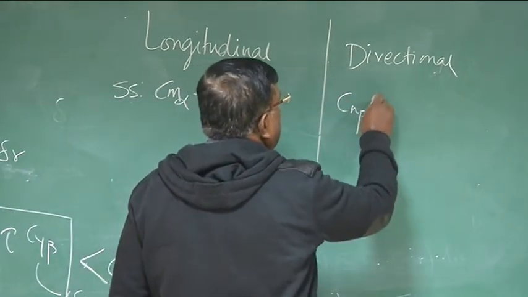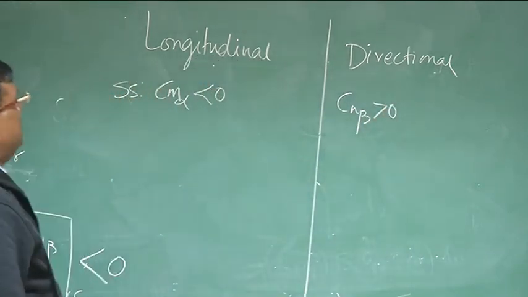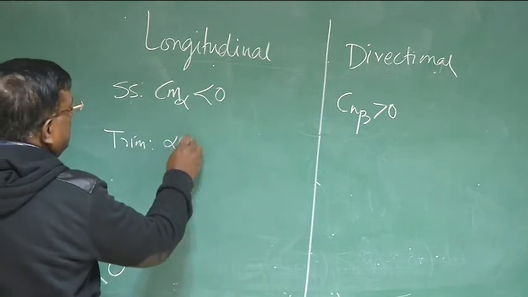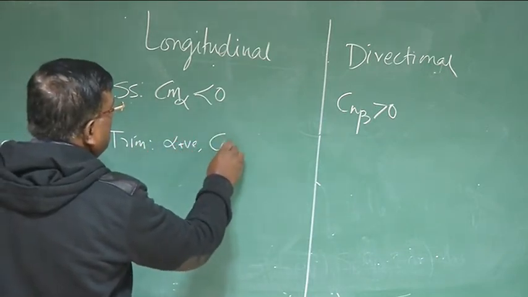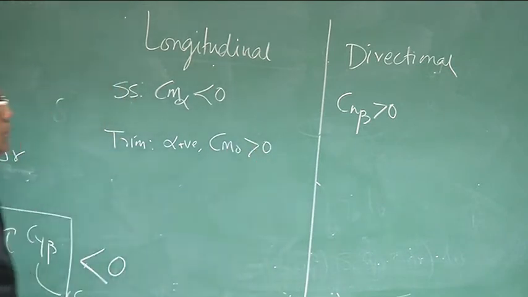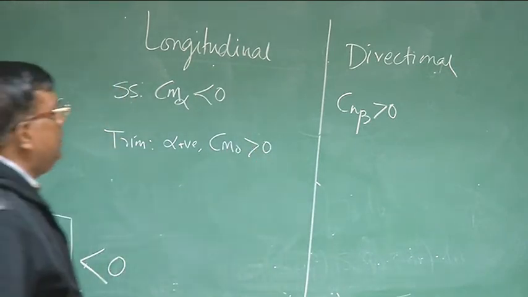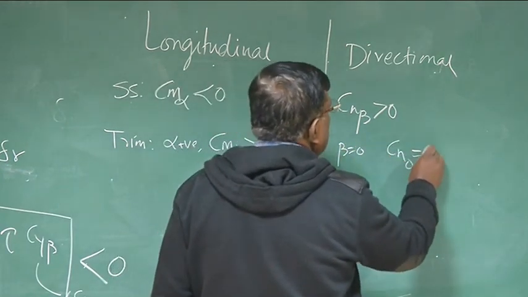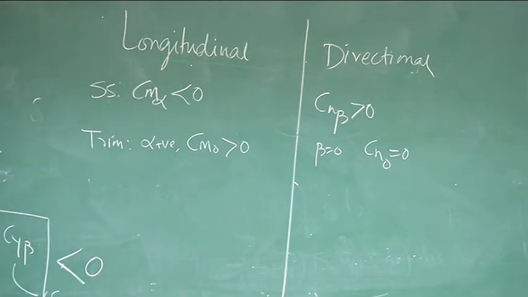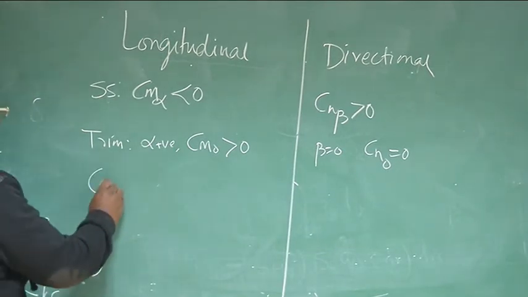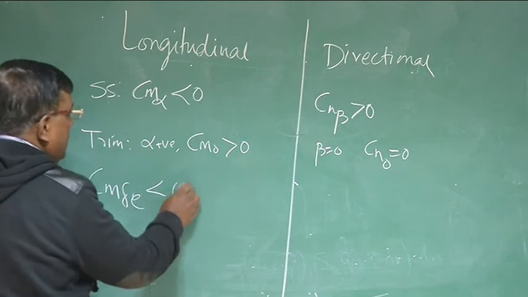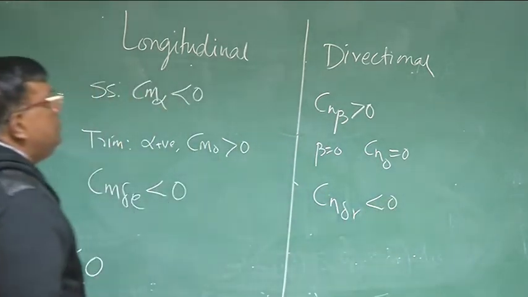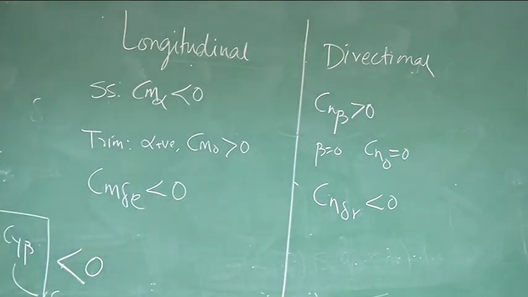Cn beta greater than 0. So for trim, what is the condition? Cm alpha positive, or we say Cm naught greater than 0. For most of the directional cases, trim is beta equal to 0, so Cn naught is 0. Right? What about the control? Cm delta E was less than 0, and here also Cn delta R is less than 0. That sort of a mapping you must have.